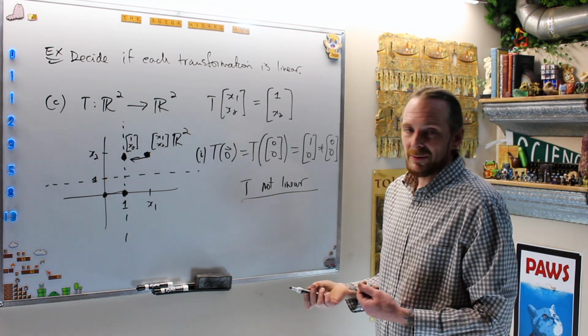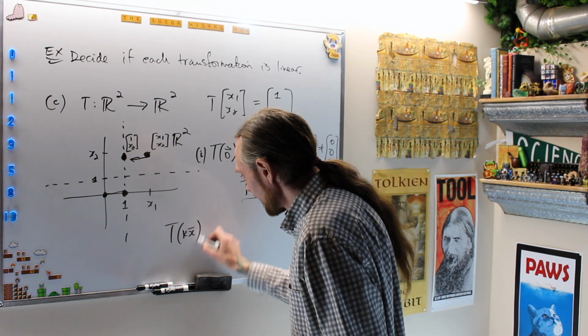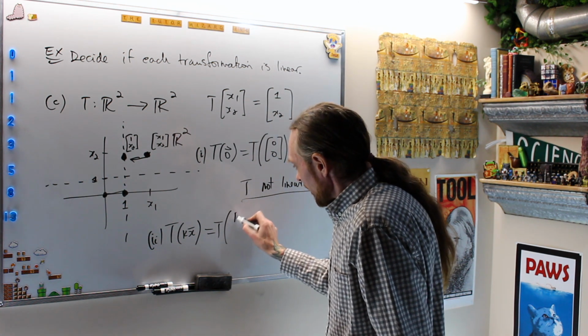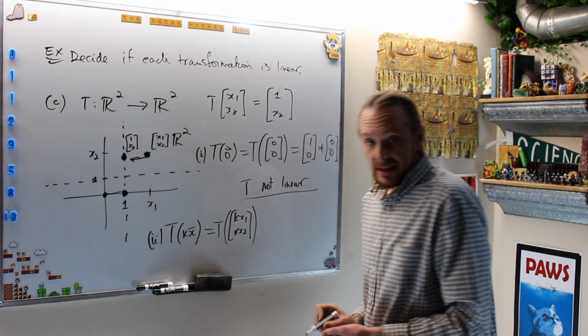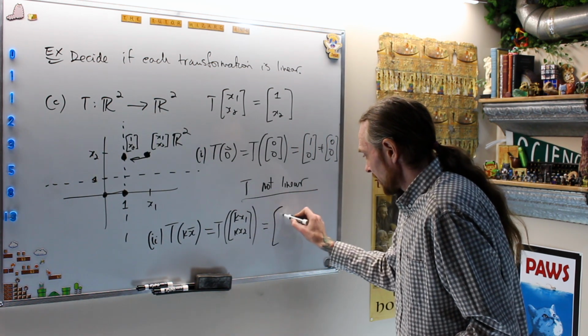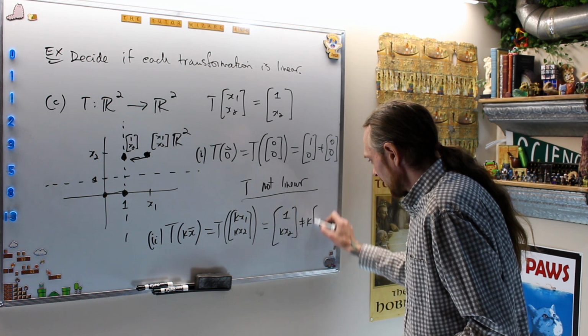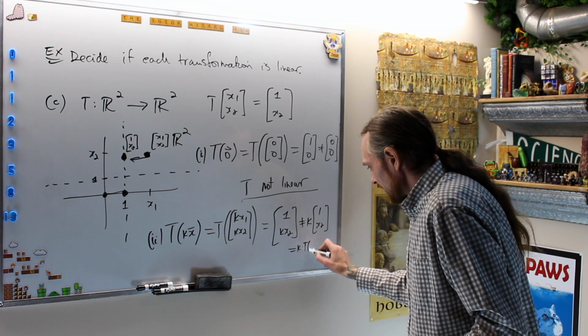Check the other two axioms for an exercise, or quickly I'll do scalar multiplication. T of kx is going to be what? T of kx1, kx2, yes, every time it's the same thing. And then what does that do though? It sends me to 1, kx2, which does not equal k times 1, x2, which is equal to k times T of x.